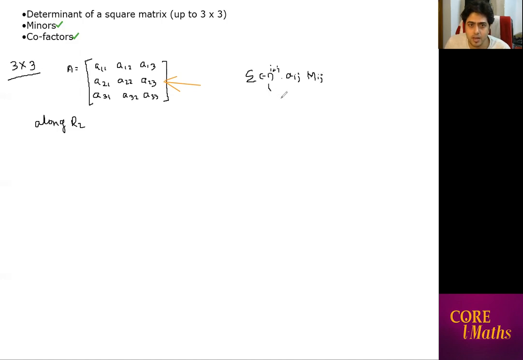And you know that this and this give us the cofactor. So you can also write it as the sum of the element and its cofactor. For this row 2, how will you find out? First, you have to write determinant of A.